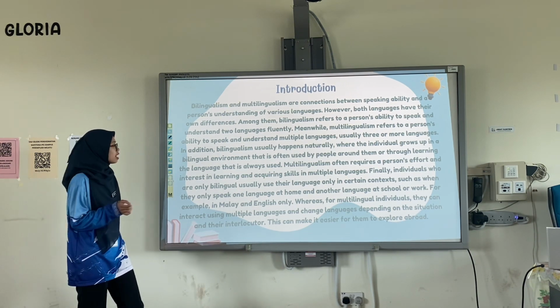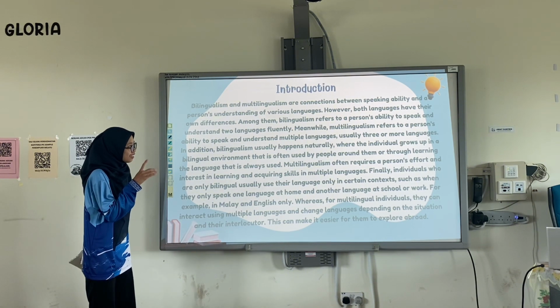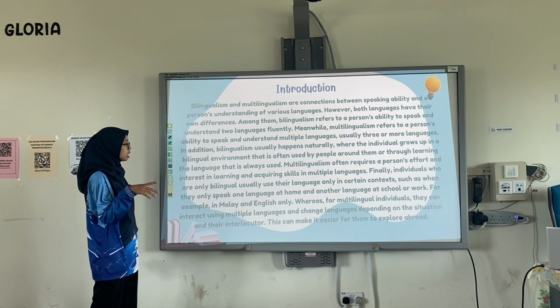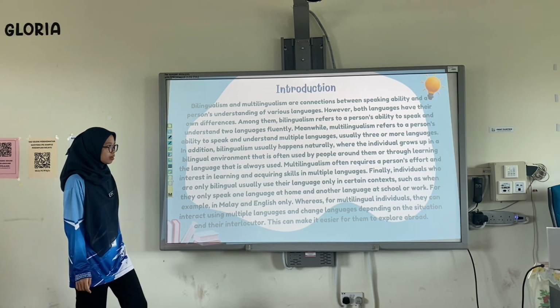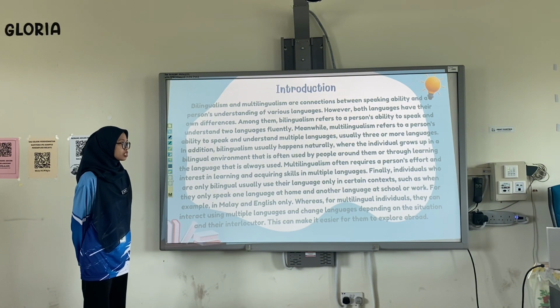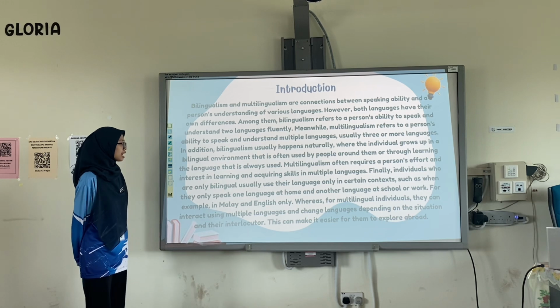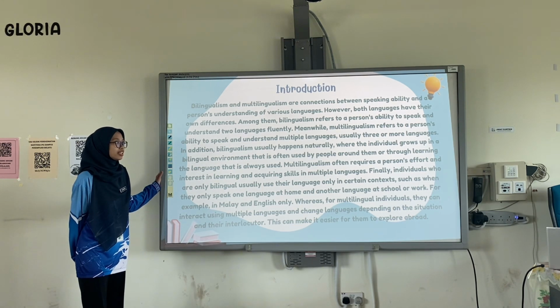In addition, bilingualism usually happens naturally when the individual grows up in a bilingual environment that is often used by people around them, or through learning the language that is always used. Multilingualism often requires a person's effort and interest in learning and acquiring skills in multiple languages.